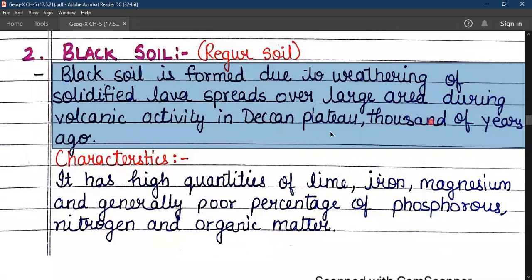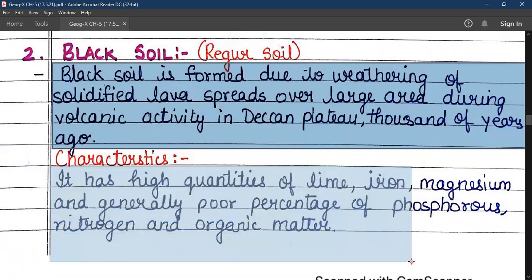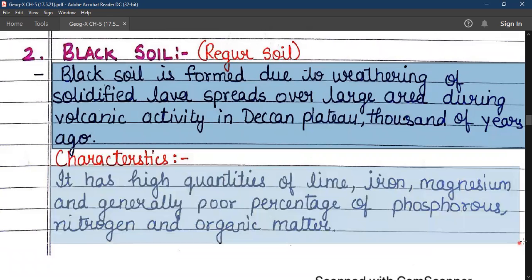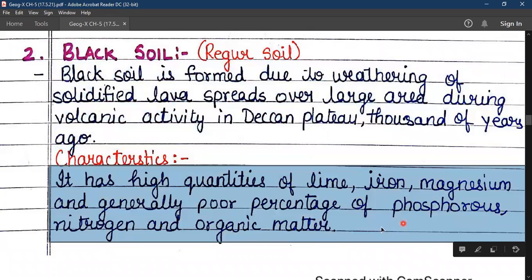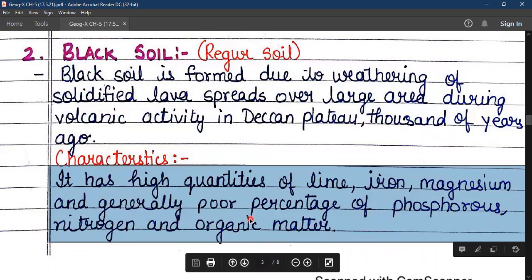Its characteristics are: black soil has high quantities of lime, iron, magnesium, and generally a poor percentage of phosphorus, nitrogen, and organic matter.